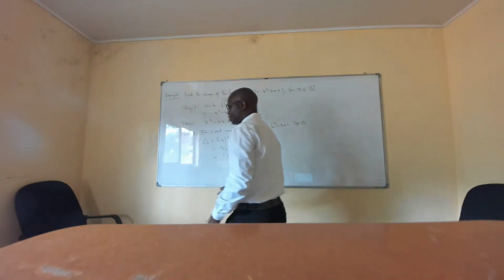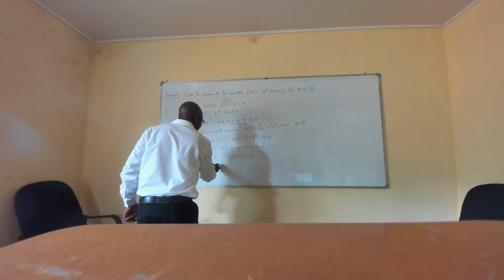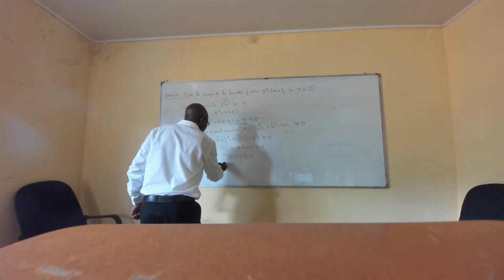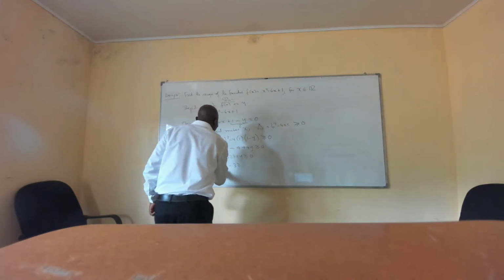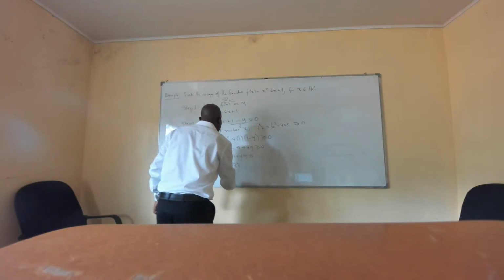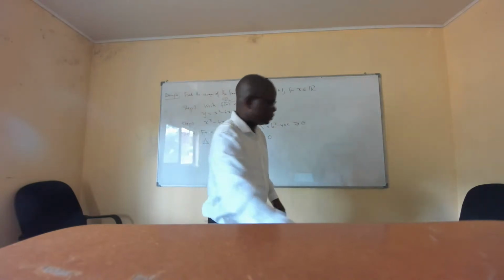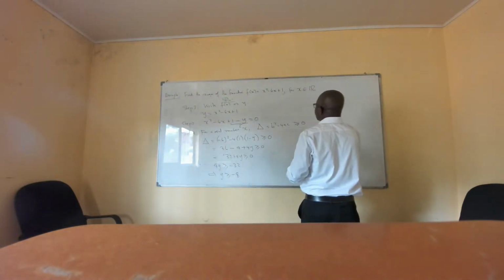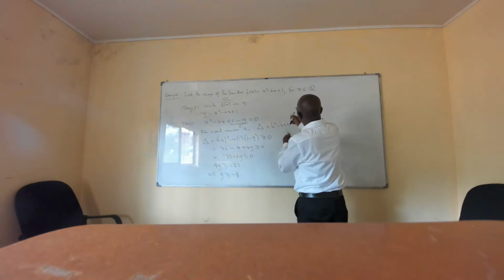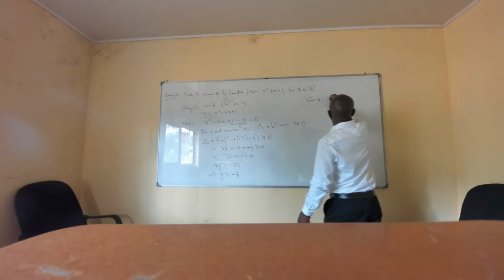Solving this simple inequality, 4y should be greater or equal to minus 32, which will mean your y should be greater or equal to minus 8. Okay? So that's the range. Step 4, we can state the range.